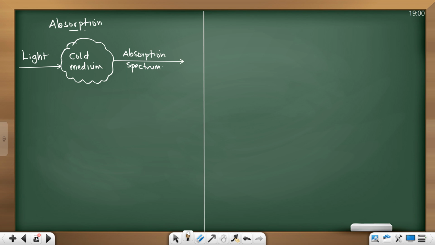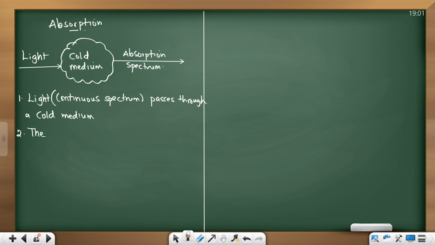Absorption spectrum. All right. Number one, light passes through a cold medium. And the light that is passing through is called a continuous spectrum. I want you to take a step-by-step approach to this. Now, what's the next step that happens?